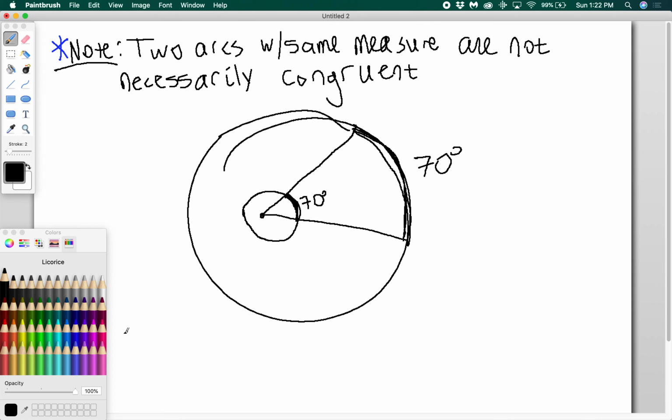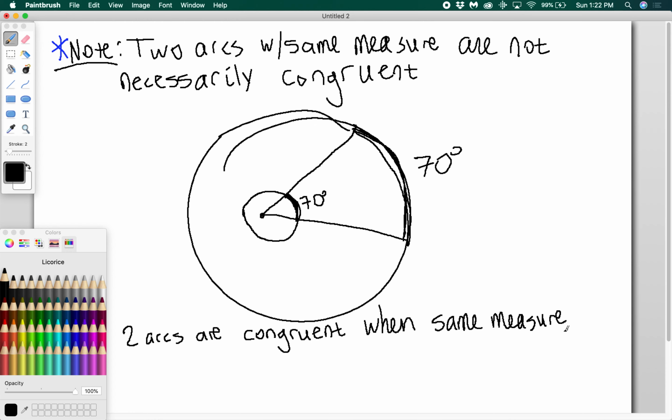So instead, we say two arcs are congruent when they have the same measure, so they're both 70 degrees, and, because we need one more condition, they have to be the same length.